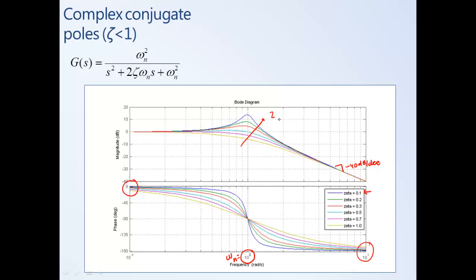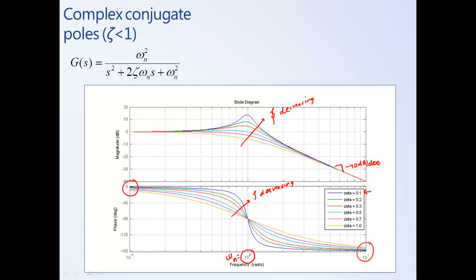You can see this trend where decreasing zeta results in more resonance with more amplification. Similarly, you can see the effect on the phase, where the S gets steeper. So the intermediate slope gets steeper with less damping.